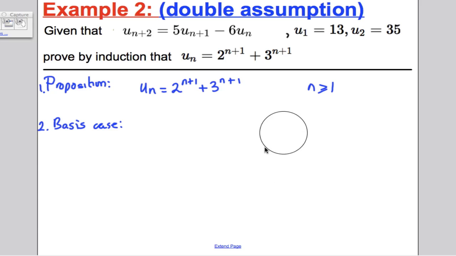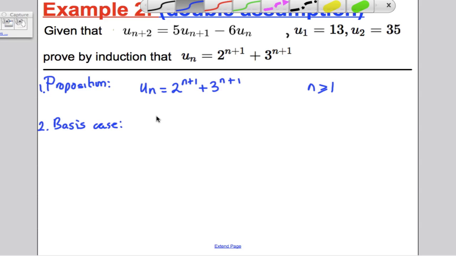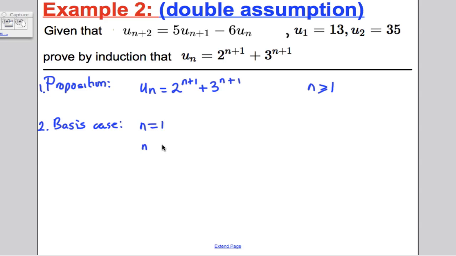You need to check both cases because you're going to rely on two terms to check the term after those two actually works. So the basis case is both n is 1 and n is 2. Now you know that u1 is 13, and you also know that u1 by that formula is 2 to the power of 2 plus 3 to the power of 2, which is 13. So you're done.